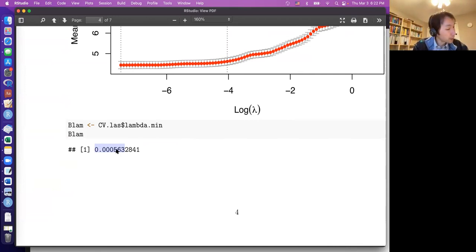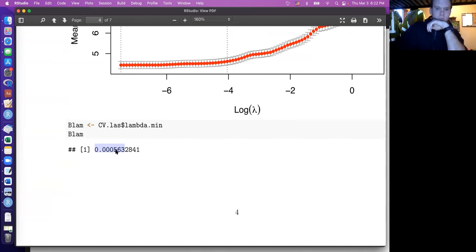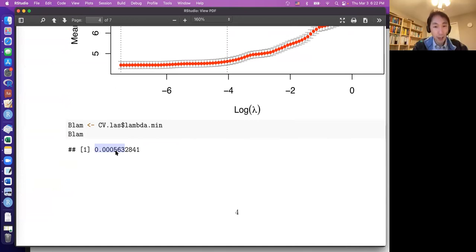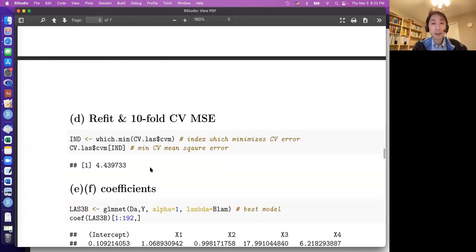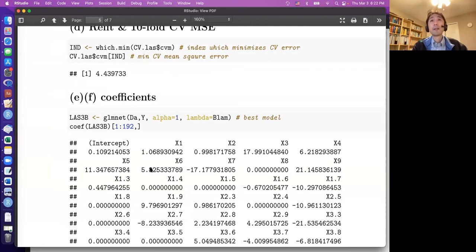Last time I got 0.0015, so probably 2.5 times larger than this, but you will get a value around that. Your answer may not be exactly this one. I think another person got C. What value did you get?